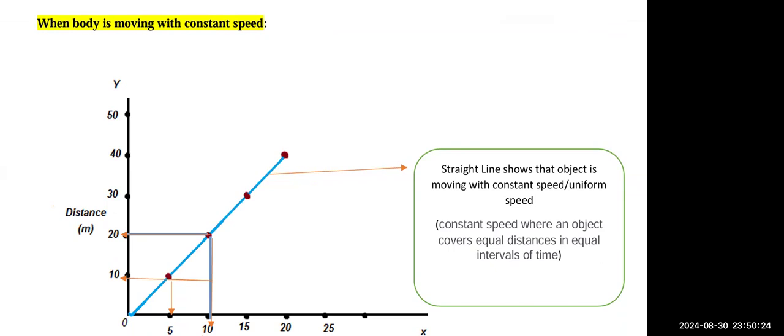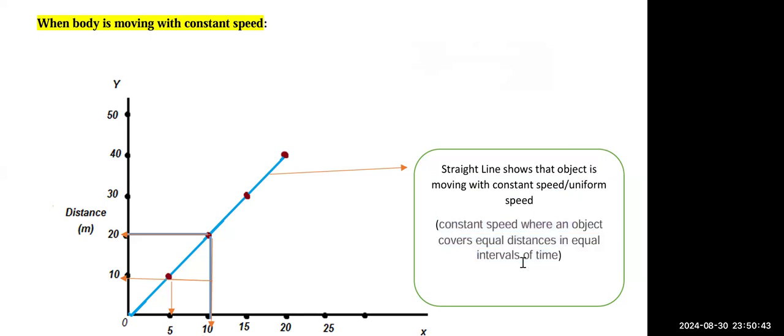When the body is moving at constant speed, it means an object covers equal distance in equal intervals of time. These are two things you have to understand here.